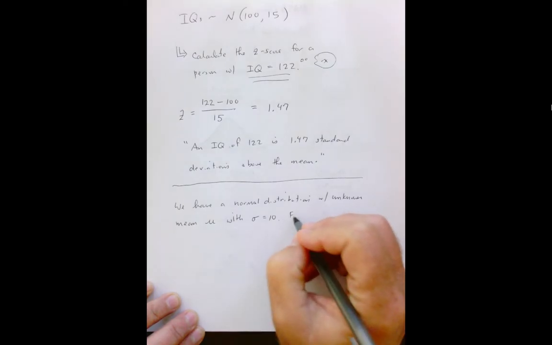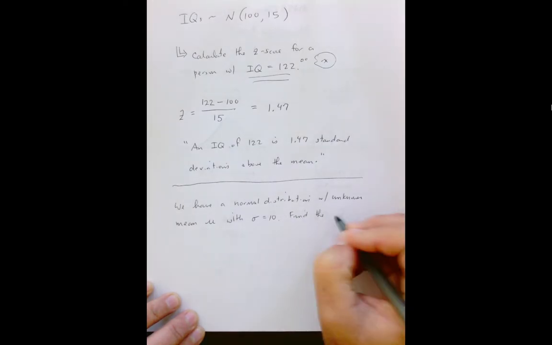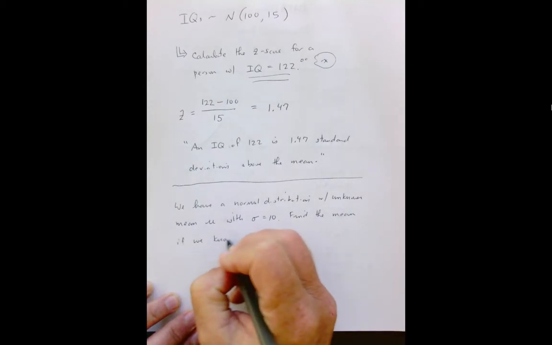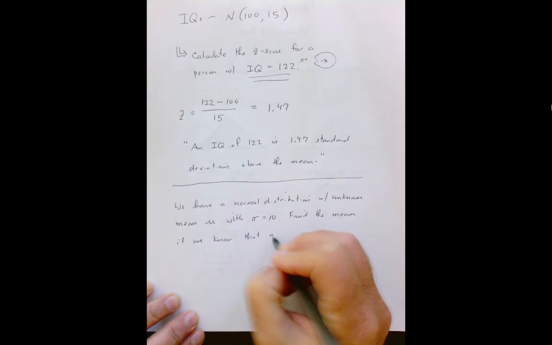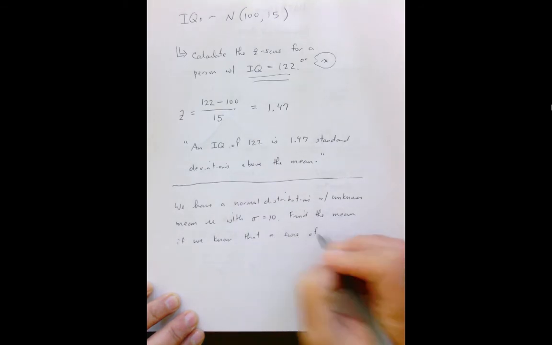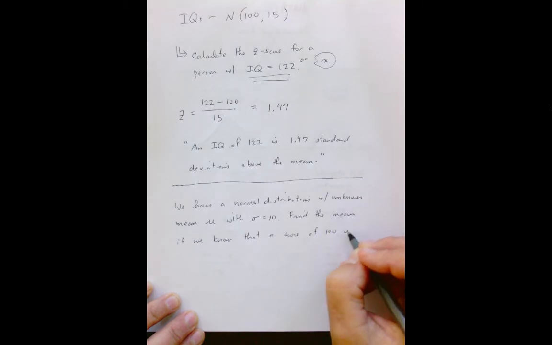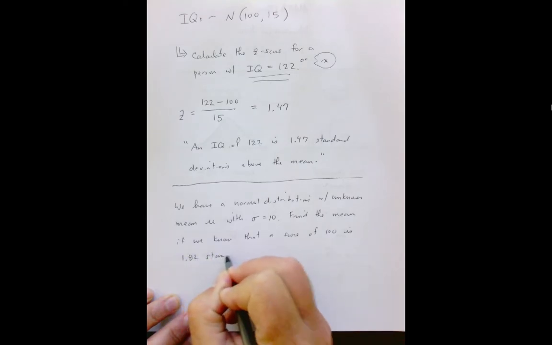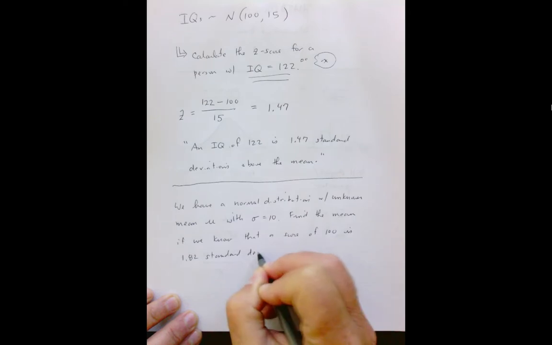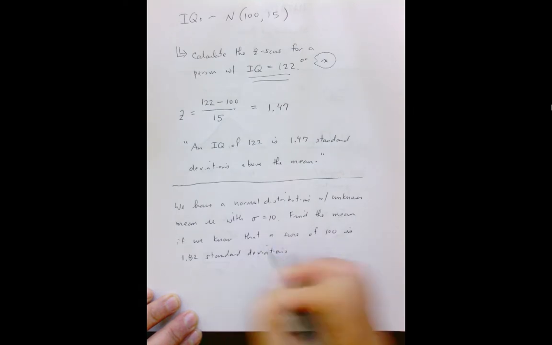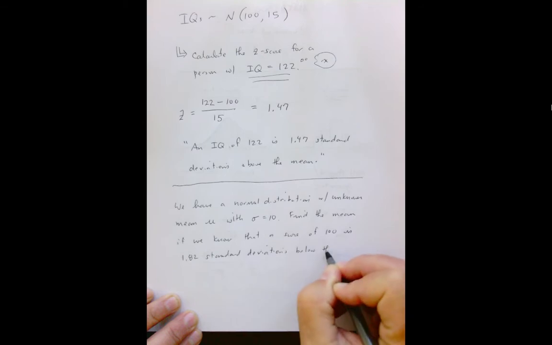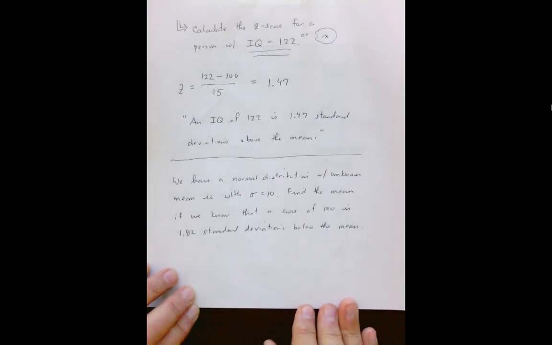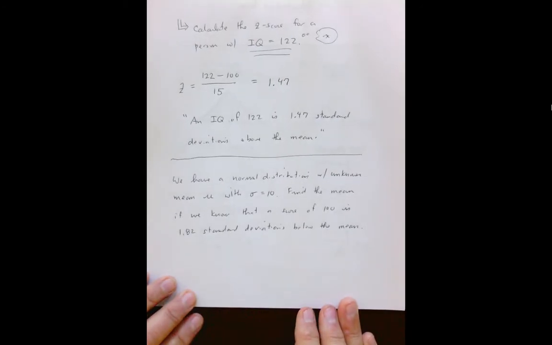Find the mean, if we know that a score of 100 is 1.82 standard deviations below the mean.